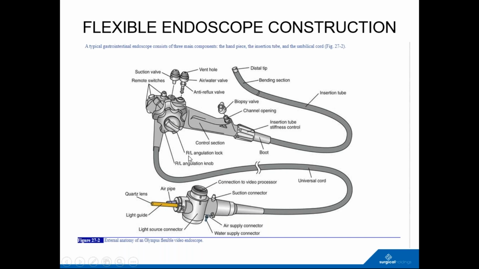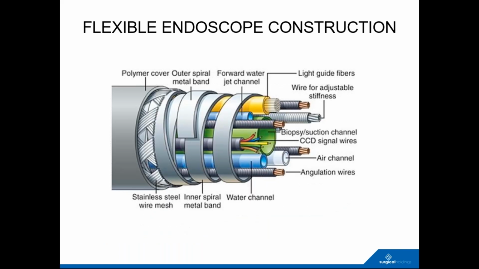This is actually a typo; obviously, this isn't mine, I got this off the internet. There are 2 knobs: an up, down, and a right, left. Then you have a number of valves: biopsy valve, air, water, and suction, and internal channel systems, which I'll come to shortly. So that gives you a feel for the instrument.